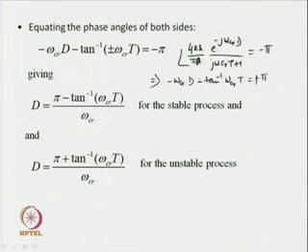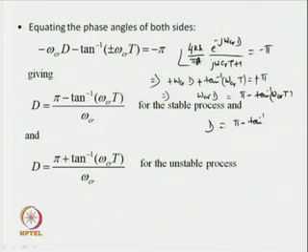Making all these minus to plus will enable us to write ω_cr d = π - tan⁻¹(ω_cr T), which will ultimately give us d = (π - tan⁻¹(ω_cr T))/ω_cr.